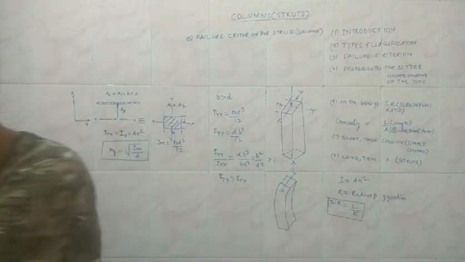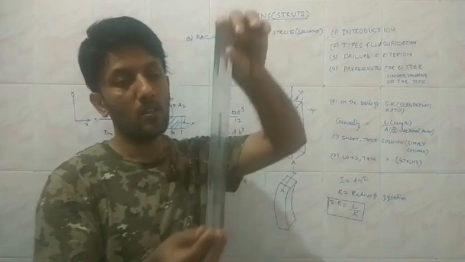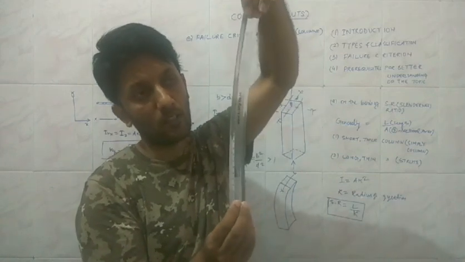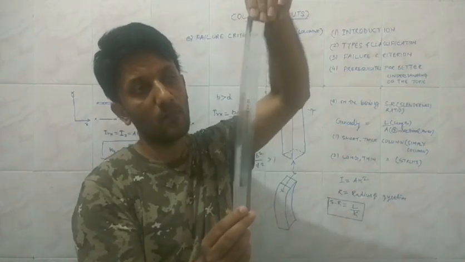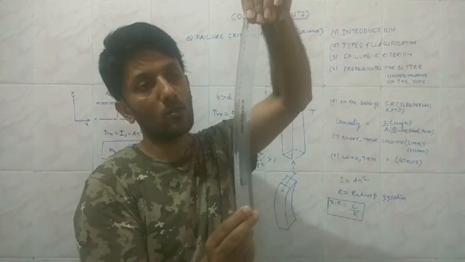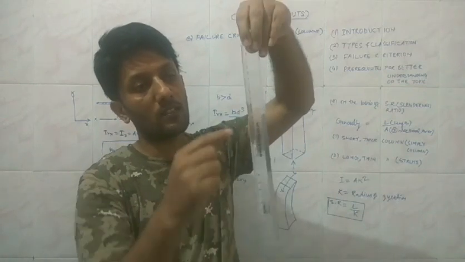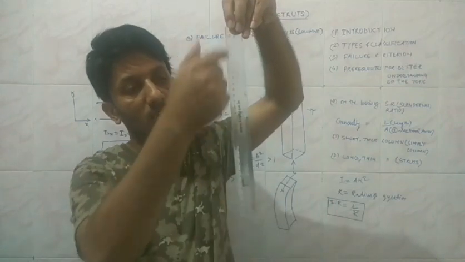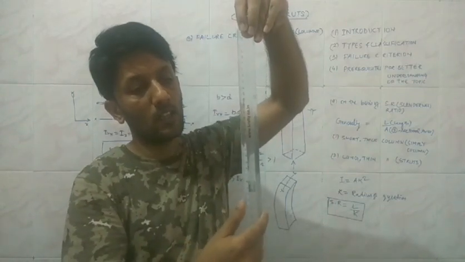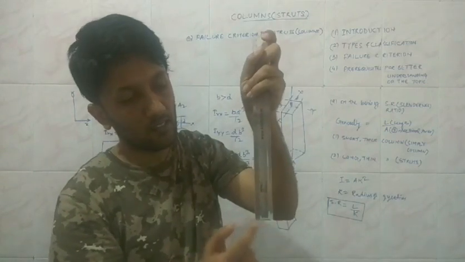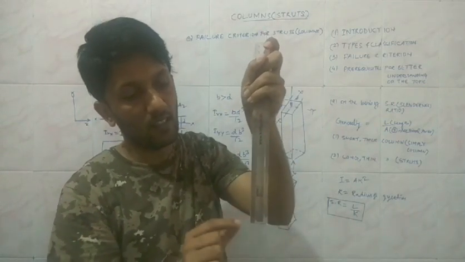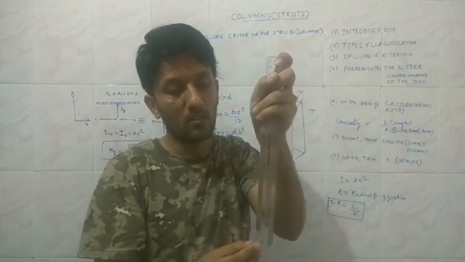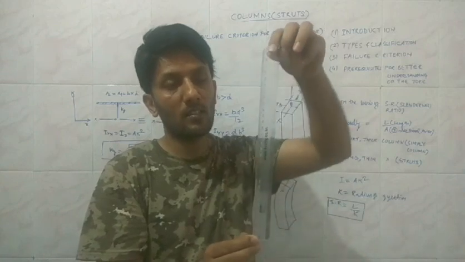So this is the reason I am going to take an example of a scale. So this is a scale. Whenever we provide a load over here about its longitudinal axis, means when we are considering it as a column, then you see that it is always going to bend about one axis. Say we are considering three axes. One axis is along the longitudinal axis, say this is the z direction, and one along its breadth, say this is your x direction, and along the thickness, perpendicular to both, in this direction, is say the third direction, that is your y.